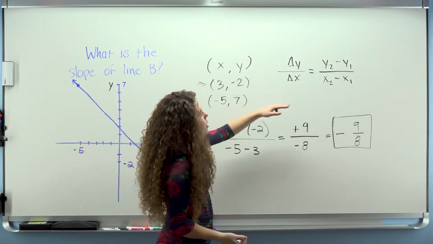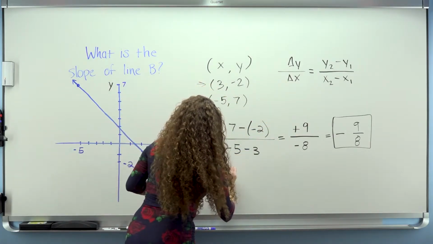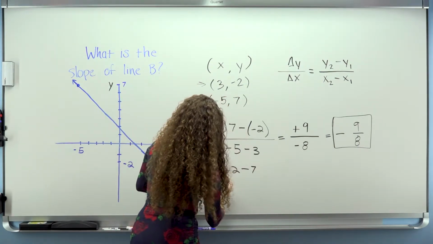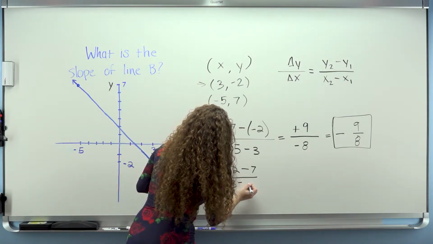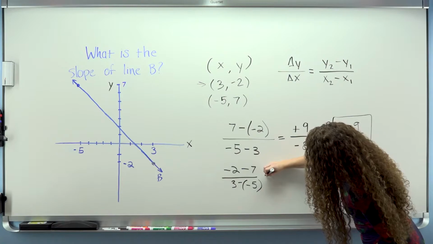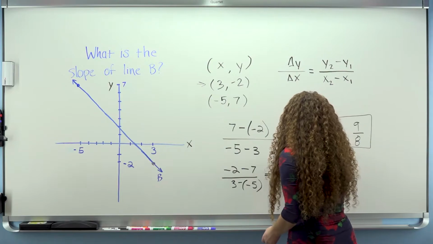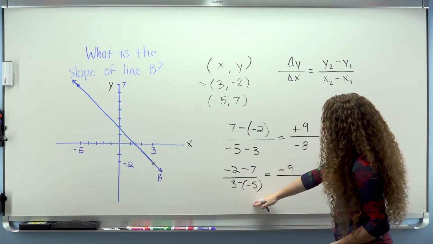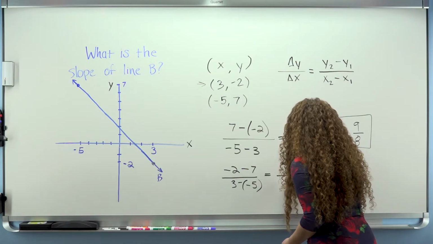So again, by using y2 minus y1, we will use this for our first y value, our -2 minus 7 over, then we would use our 3 first, 3 minus our -5, and we would get, now we would get -2 minus 7 would be a -9, and 3 minus a -5 would then be 8, a +8, right?